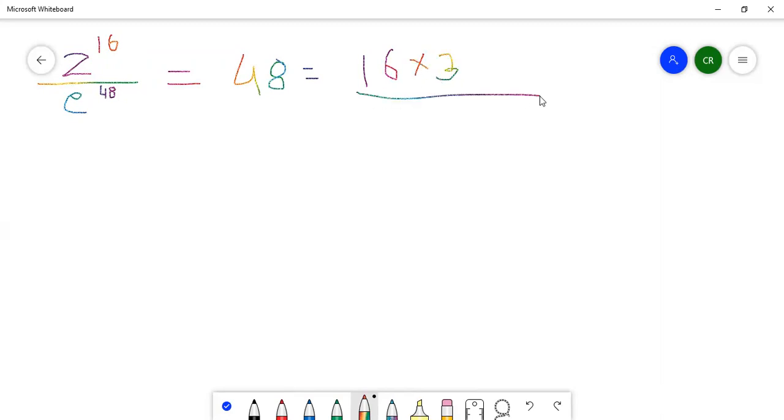Now we'll use the same law, but don't forget to write the law, because writing the laws will carry most of the weightage.